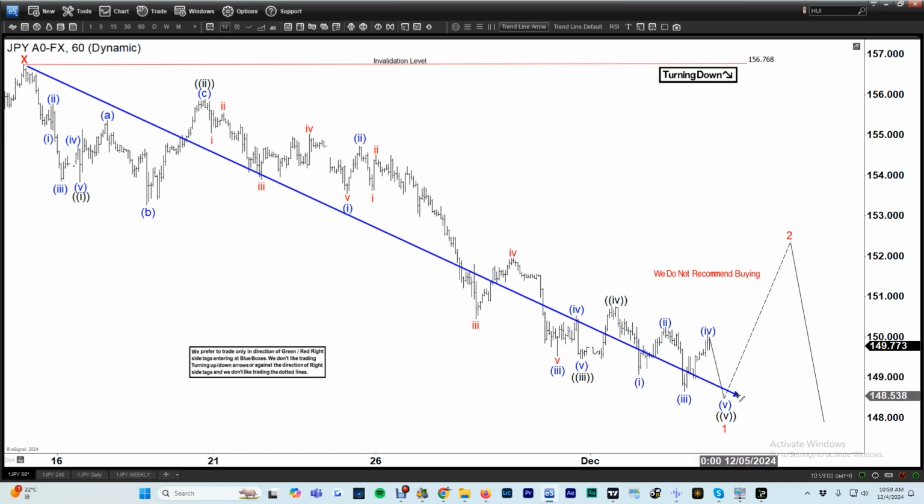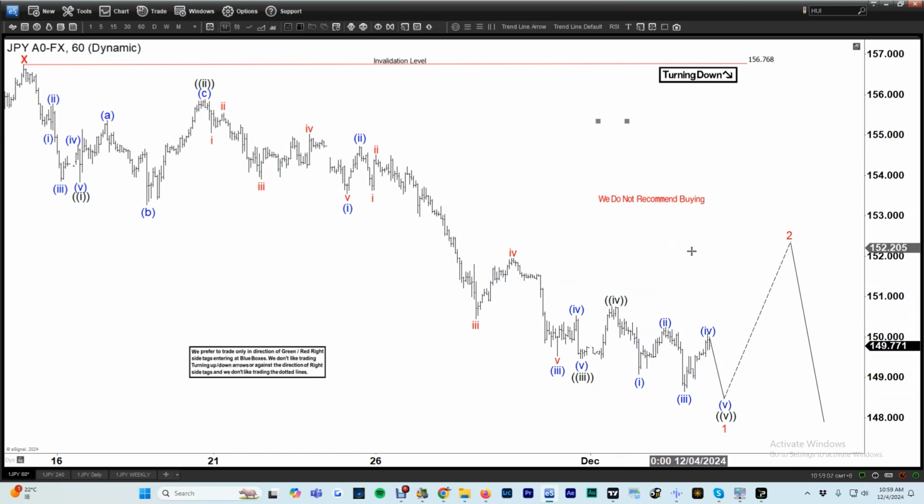The relevance here is that when you finally see a 3-ish rally to correct this 5 waves down, that 3-ish rally should fail because of the 5 waves down, for the downside again. So overall, we favor the downside as long as it stays below 156.77.